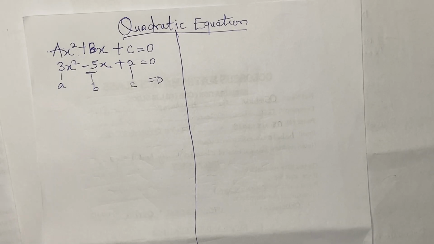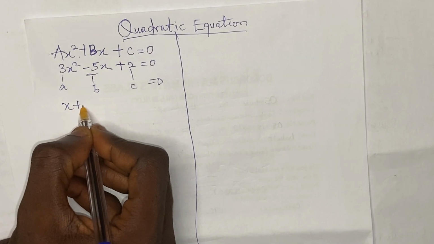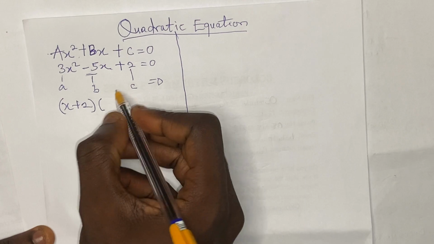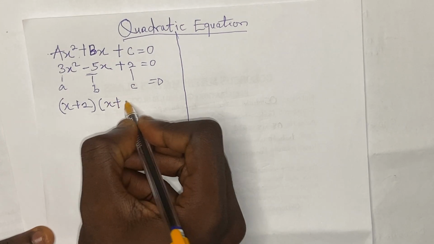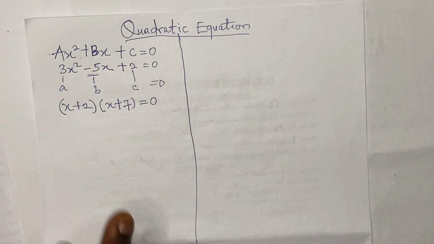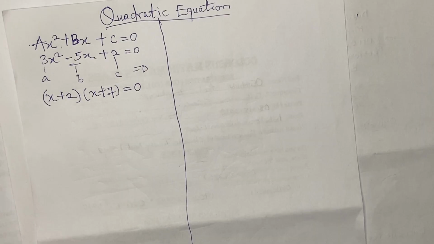So now let's look at this basic example first. If I have something like (x plus 2)(x plus 7) equal to 0, and the question says what is the root of this equation, that is, by solving for x, the question will be find x.